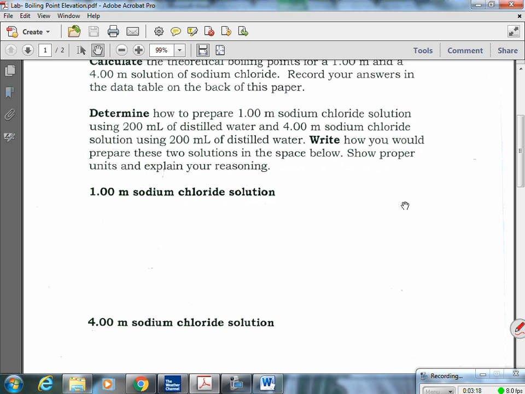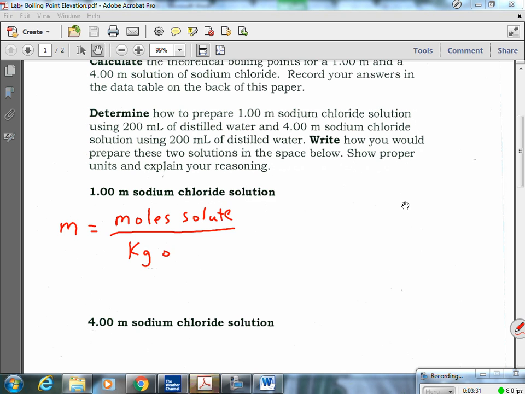If you remember, molality is equal to moles of the solute divided by kilograms of the solvent. Well, my problem here is that I have milliliters, and I need kilograms.